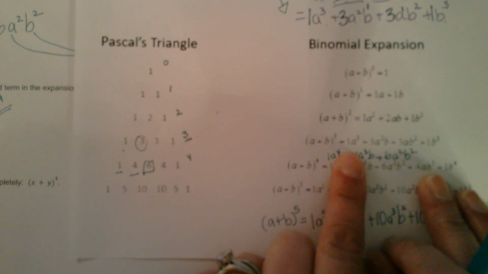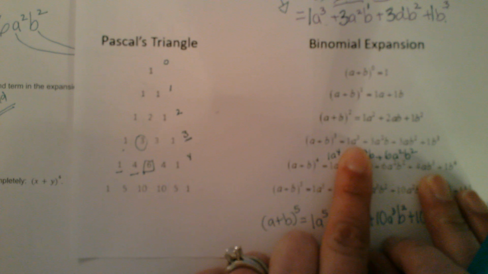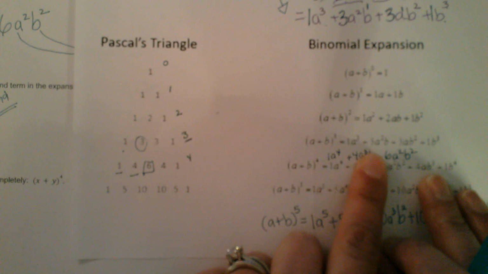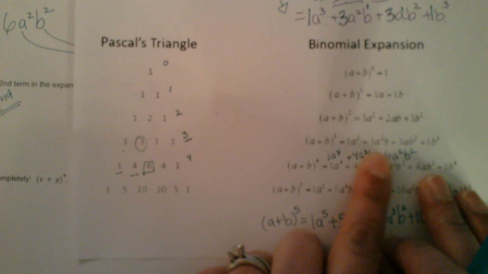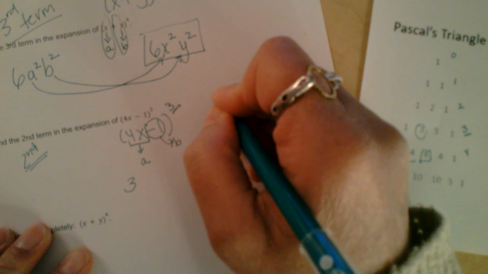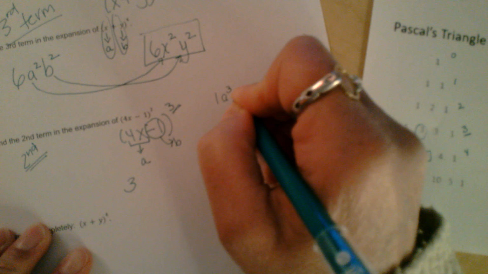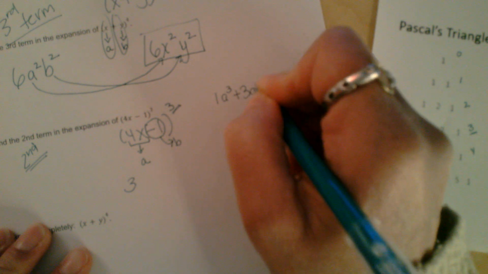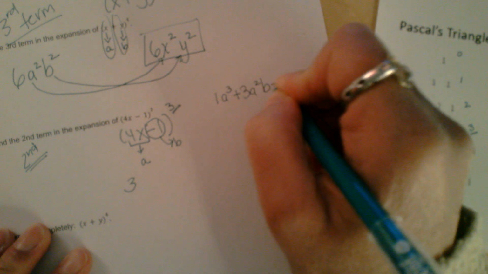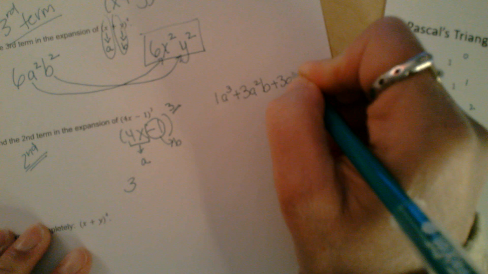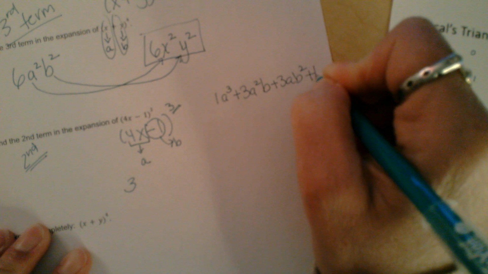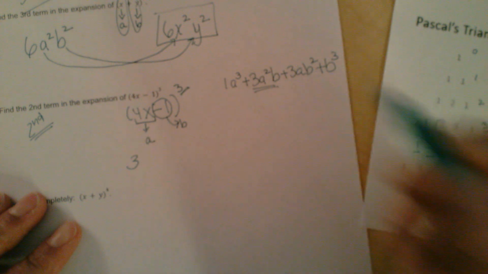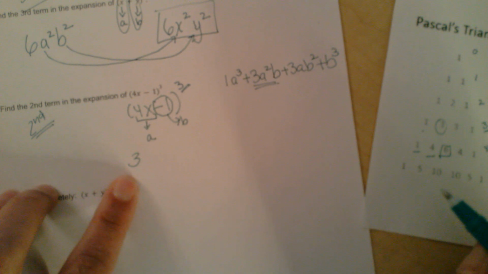I'm going to write that out here: 1a cubed plus 3a squared b plus 3ab squared plus b to the third. They want the second term, so we already know that starts with 3.